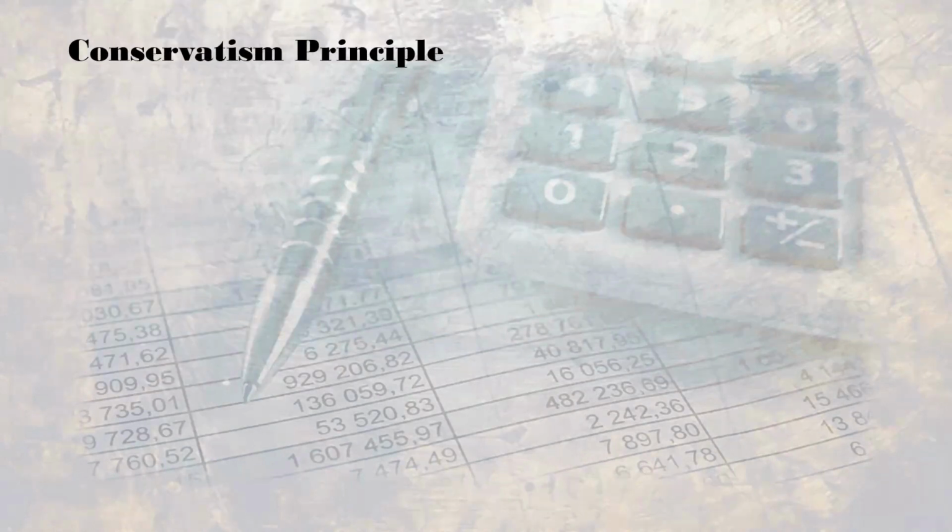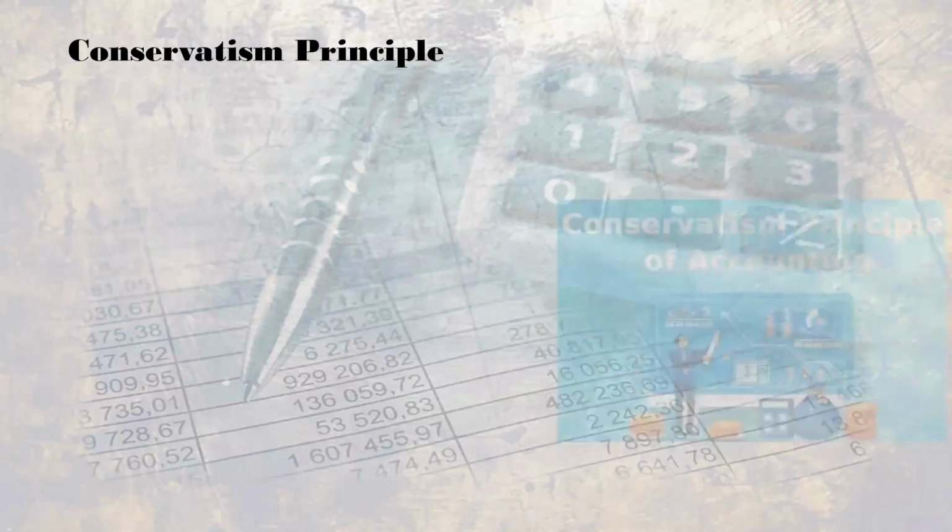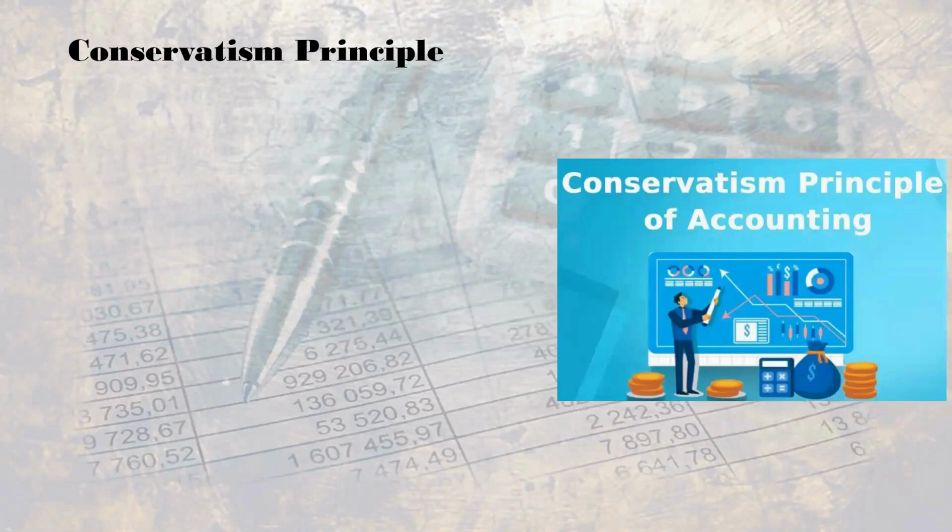Third one, conservatism principle. Conservatism principle means that whenever a situation happens, we have two types of ideas in our knowledge. We should take the idea which gets the profitability, and the second one will be to take the least action.